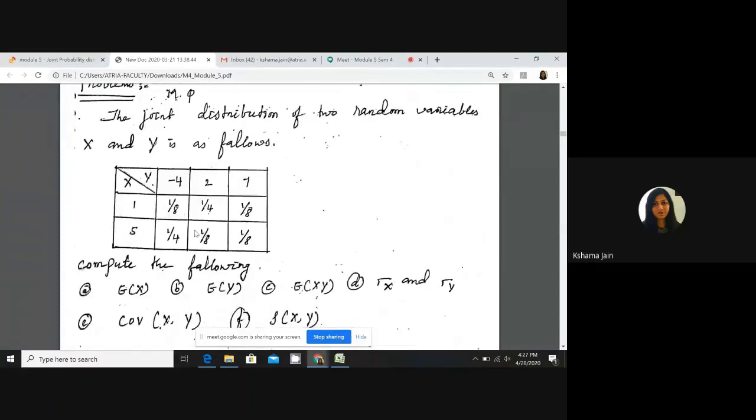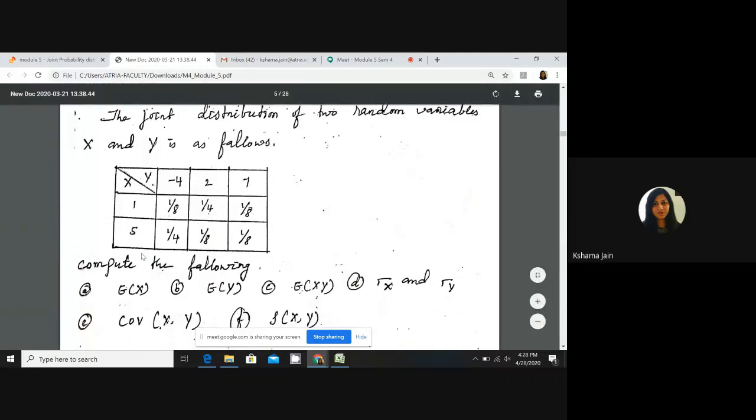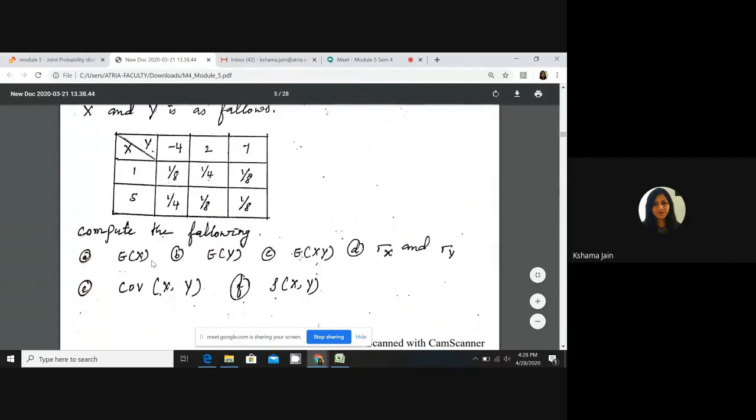X data is 1 and 5, Y data is minus 4, 2, 7, and this is the joint probability distribution: 1 by 8 for 1 and minus 4, 1 by 4 for 1 and 2, 1 by 8 for 1 and 7, like this they have given. They are asking to compute E[X], E[Y], expectation of X, expectation of Y, E[XY] together, sigma X, sigma Y, the standard deviations, covariance, and rho, the correlation.